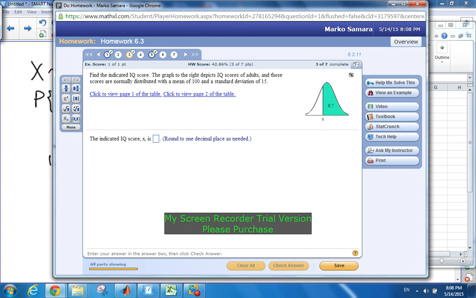And the question is, what should X be here so that this probability is 0.7? Well, if this green shaded area is 0.7, that means that the area below X is 0.3. So what we are looking for is the X value that corresponds to cumulative probability 0.3.